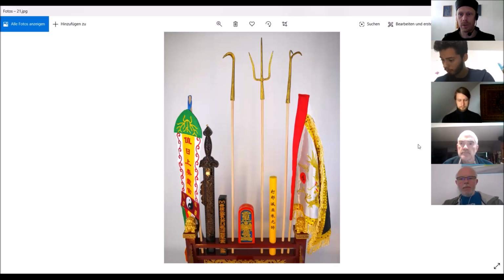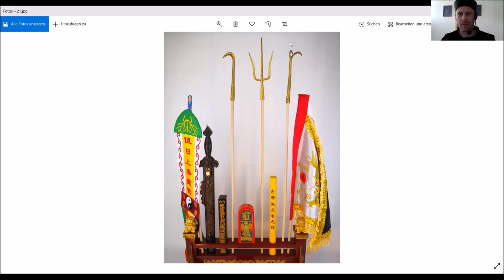So you can imagine that the Daoist master treats these tools as something very precious, and it's something we treat with respect and honor.